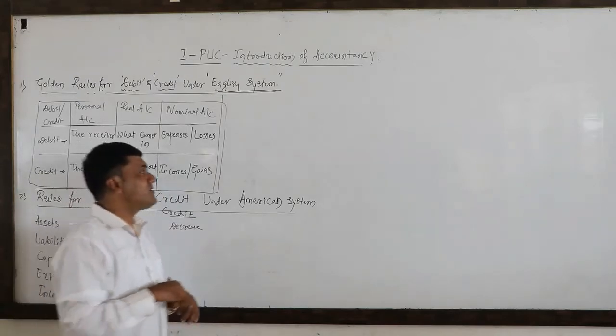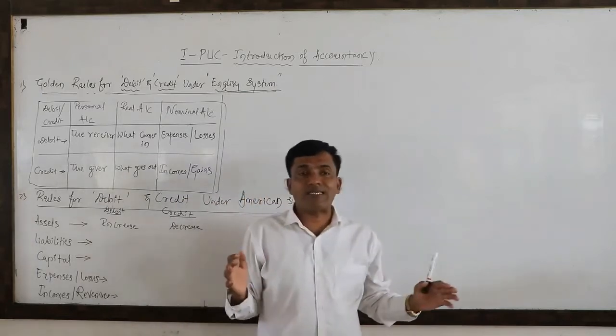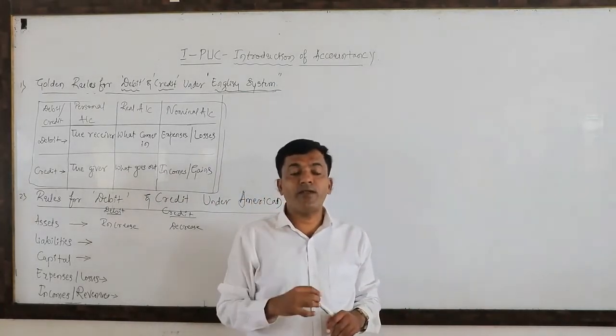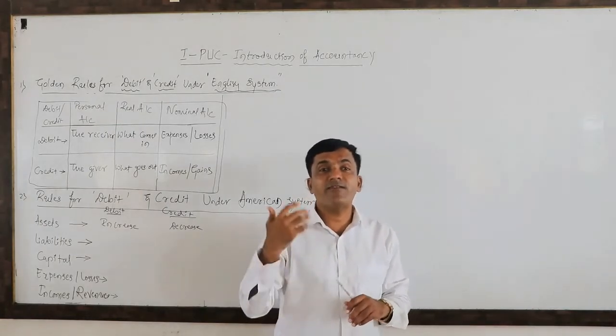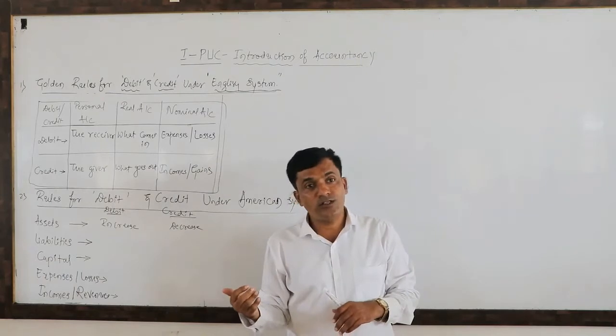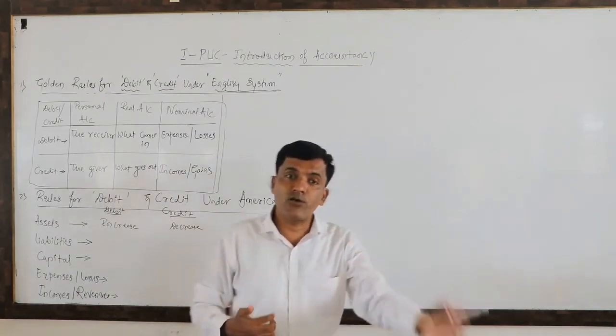Double entry means that while conducting every business activity there must be twofold aspects. For example, one is the receiver and another is the giver. One thing comes in and another thing goes out.